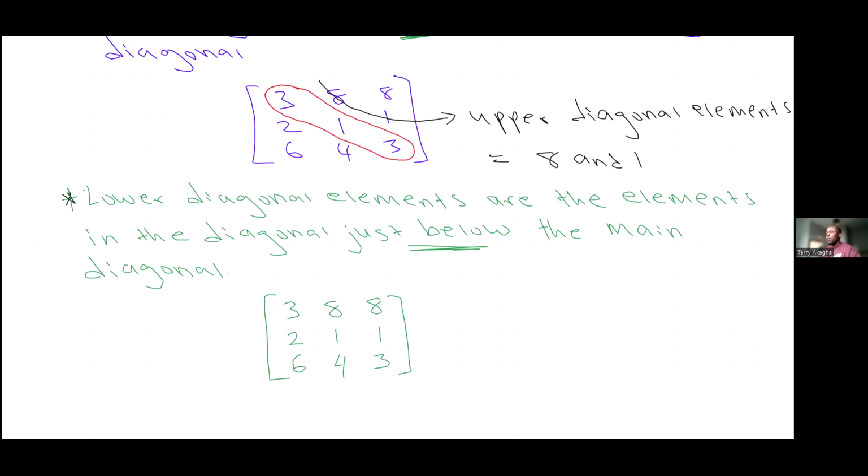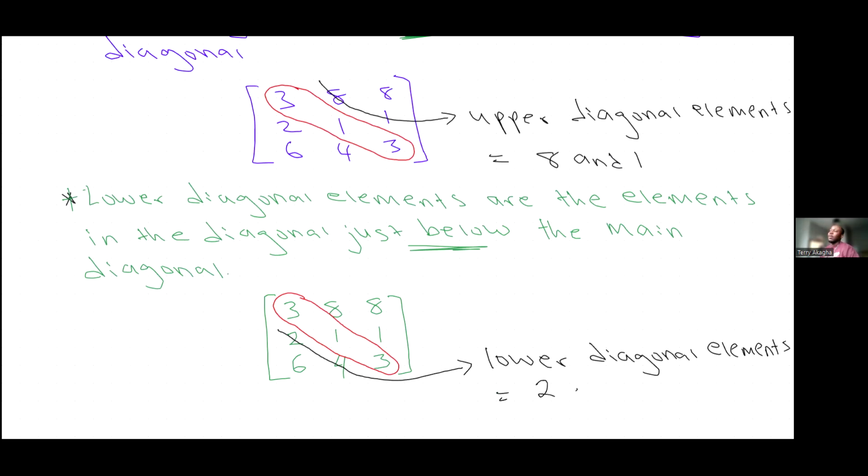So the leading diagonal is going to be this one here. But in this case, the lower diagonal are just the elements just below it. So this is going to be the lower diagonal. So the lower diagonal element here is going to be what? 2 and 4. Okay?